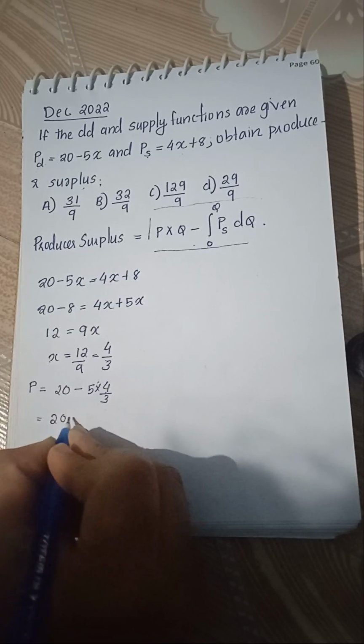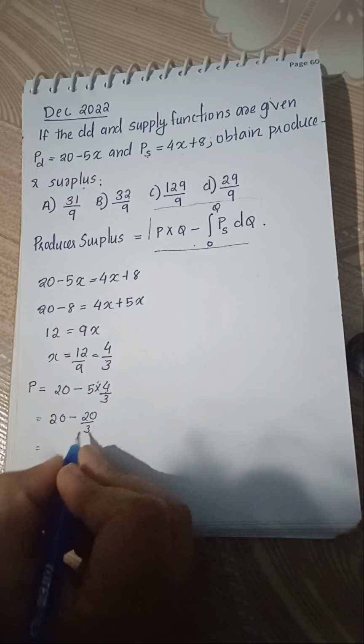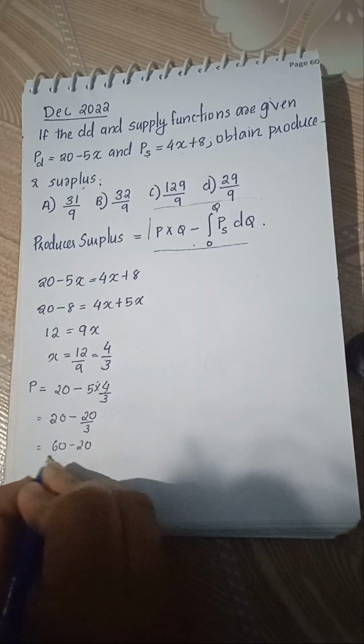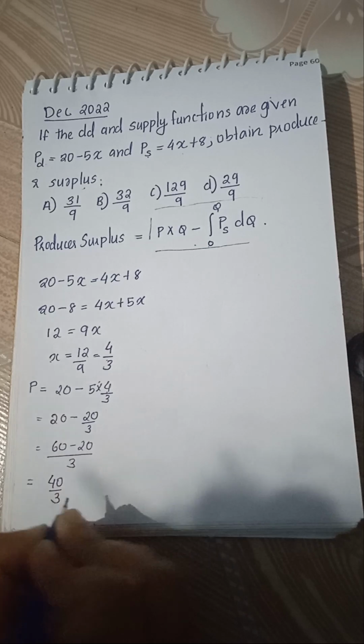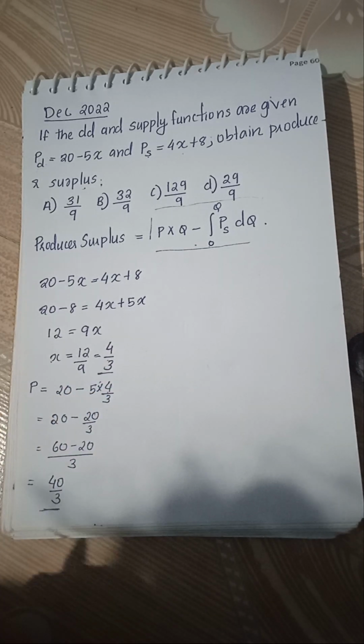We get 20 minus 20 by 3, that is 60 minus 20 divided by 3, which is equal to 40 divided by 3.